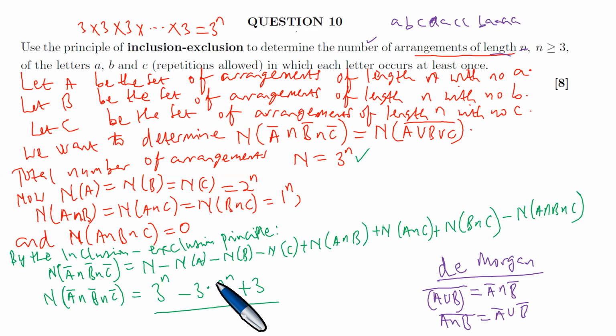You've seen 2 sets even in school, but these are 3 sets. So let's deal with the 3 sets. The total number of arrangements is 3 to the power n. The n(A), n(B), and n(C) are each 2 to the power n, but there are 3 of them. This one is 1, 3 times, and this one is only 3. So this is the answer.